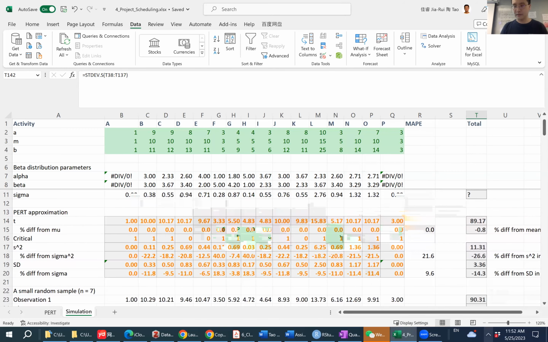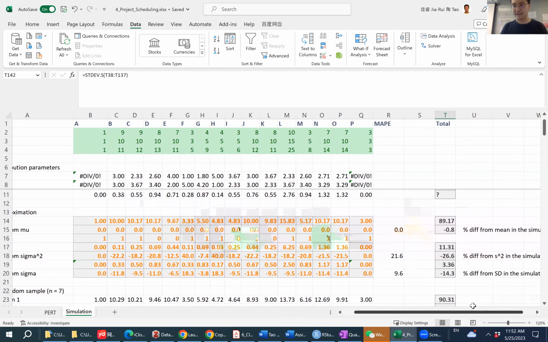Between the simulated sample and the approximated quantities, the mean only differs by 0.8%. So they're not quite different in terms of the mean, but the variance differs by 26.6%. So it's a large difference.